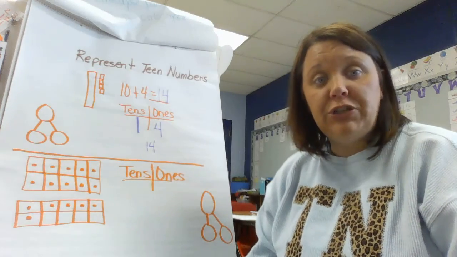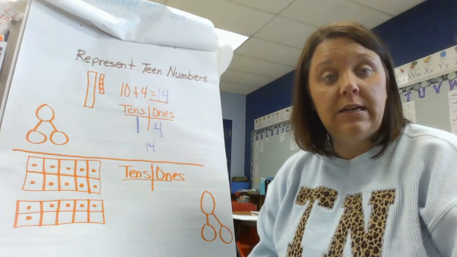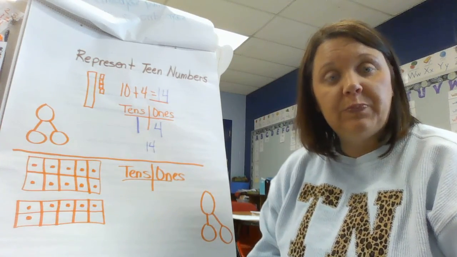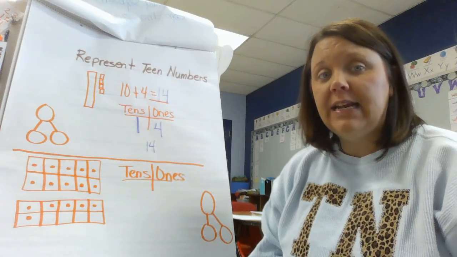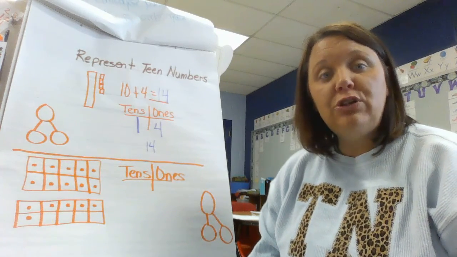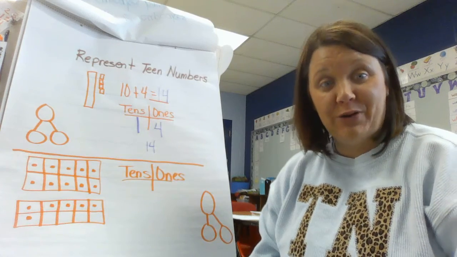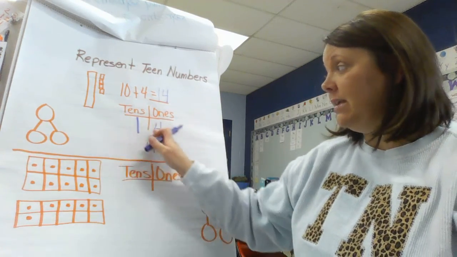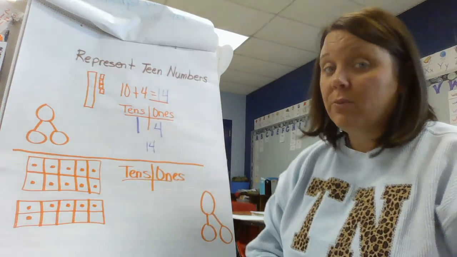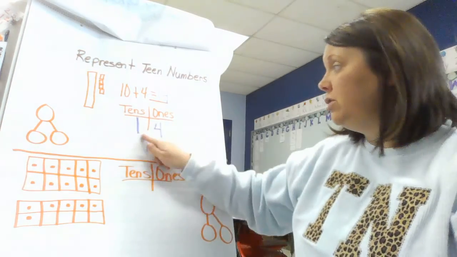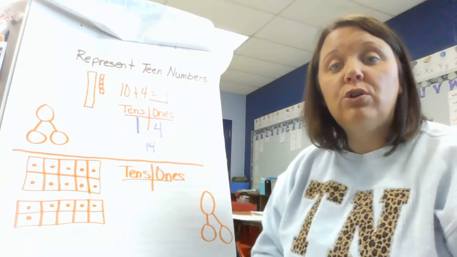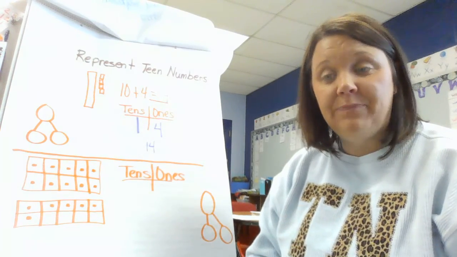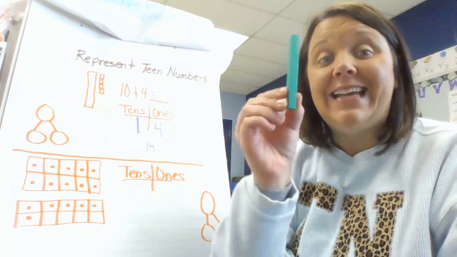What if I wanted to use that in a number bond? How would I show 14 in a number bond? I would use my whole and my part to show that. My part and my part would be the tens place and the ones place. But remember, we're not going to write the number 1. We're going to write the number 10 because this represents a 10.